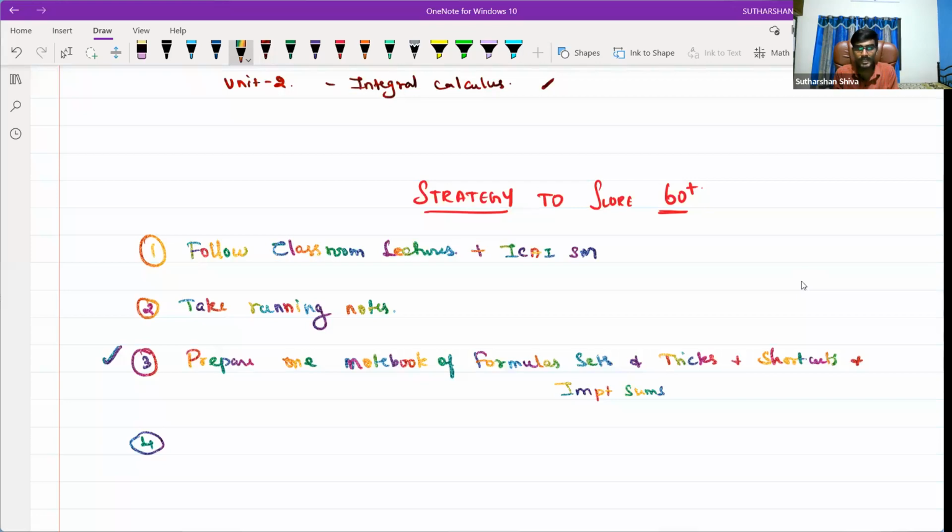This fourth one is about a concept called MTP. What is this MTP, sir? It is not model test paper, it is mock test papers. Till today, we have nearly 20 to 22 mock test papers exclusively for paper number 3.